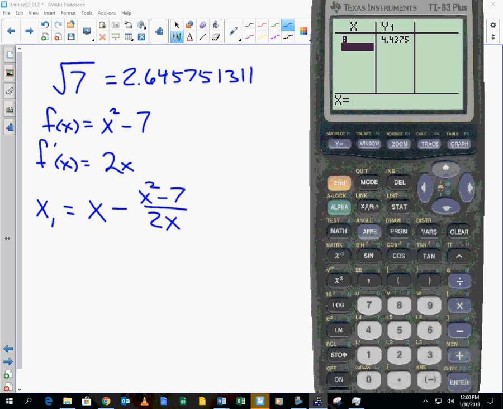So I just type in 4.4375. What's that? It's my new guess. 3.0075. What's that? That's my new guess, right? 2.6675. That's my new guess, right? 2.6458. And you might be like, oh, well, I get the same thing over again.